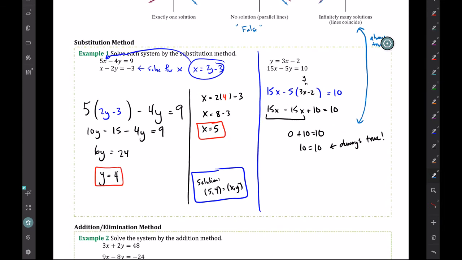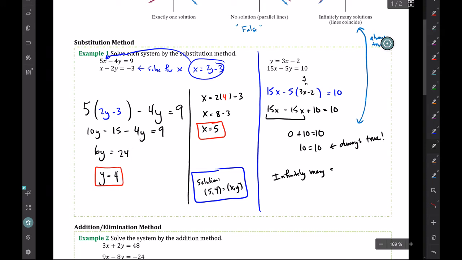But here we have infinitely many solutions, because any point on the line y equals 3x minus 2 will also satisfy 15x minus 5y equals 10. Any point on that line is going to be a solution.